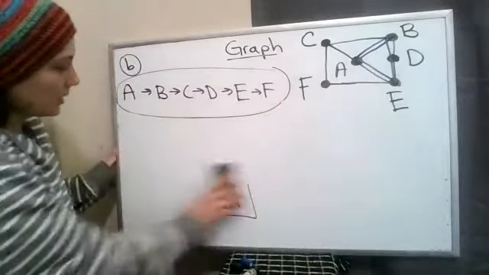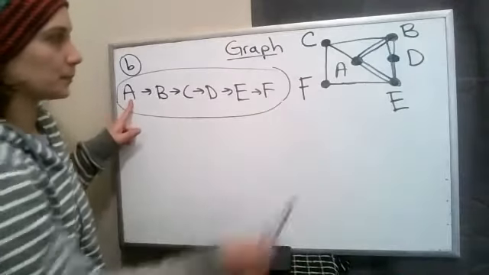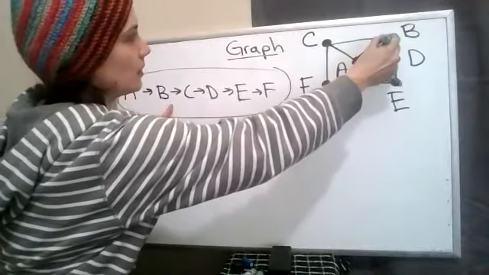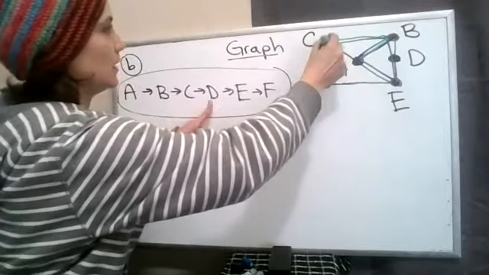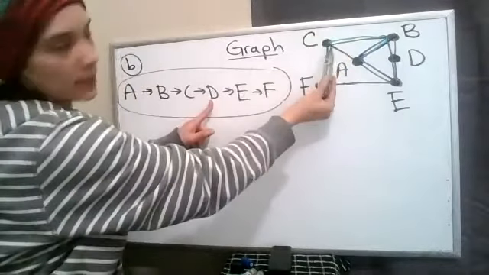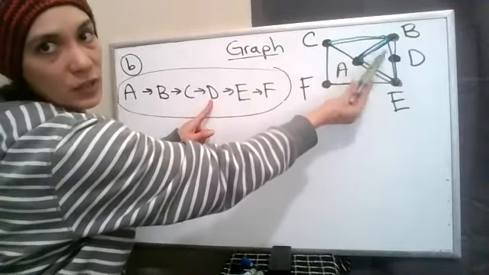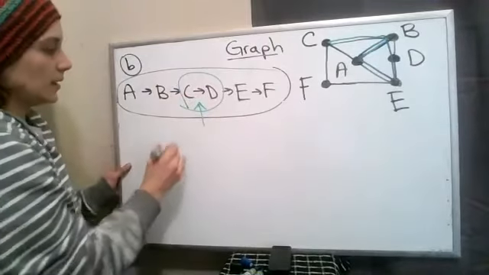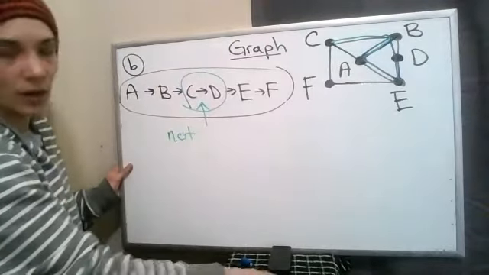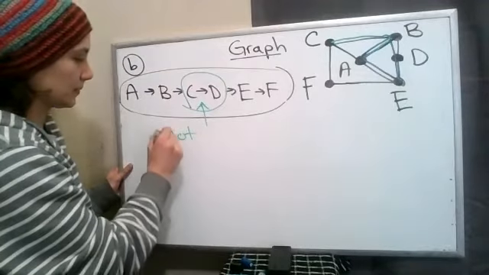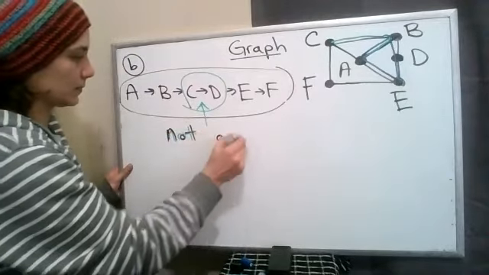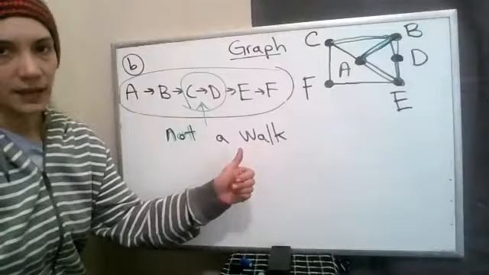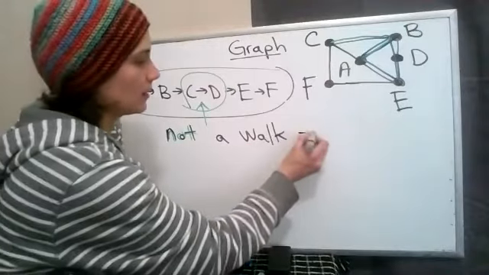What is it though? Let's check it out. A goes to B. B goes to C. It says C goes to D, but we don't have an edge between C and D, so this is a problem. It's not a walk. And if it's not a walk, then it's not a path or a circuit, so we're going to say neither.